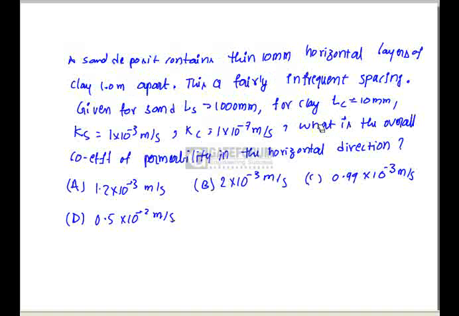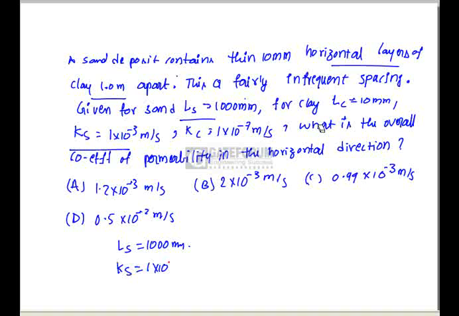In this question it was given that a sand deposit contains thin 10 mm horizontal layers of clay, 1 meter apart. Ls is given as 1000 mm and permeability Ks is given as 1 into 10 to the power minus 3 meters per second, and for clay Lc is 10 mm and Kc is 1 into 10 to the power of minus 7 meters per second.